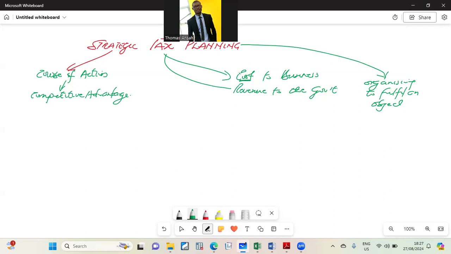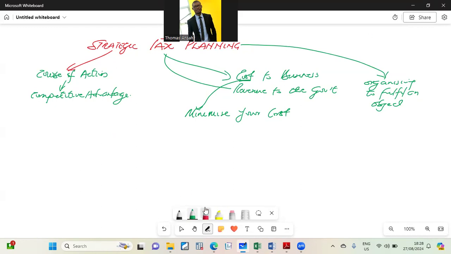All right. So the course of action that you put in place, the strategic course of action, the organized course of action that you put in place so as to minimize your cost, because that is the goal. Every entity wants to make profit. And the more you minimize your cost, the more your profitability.